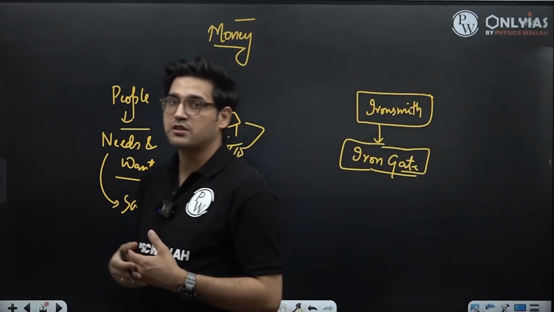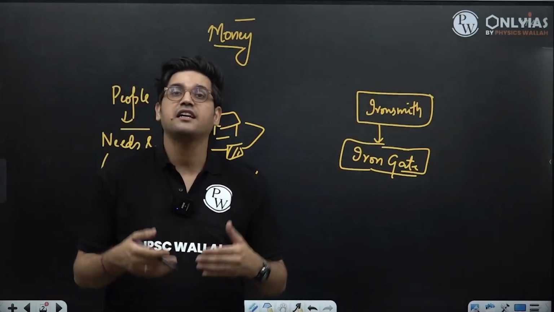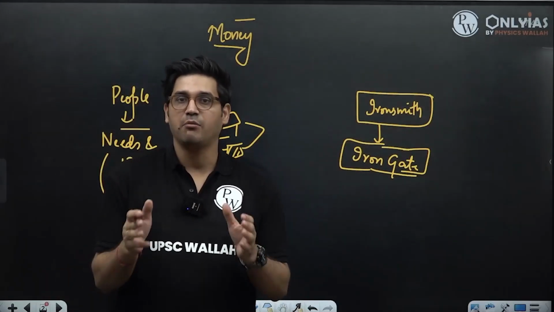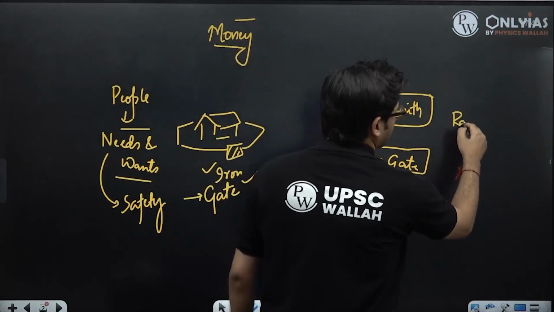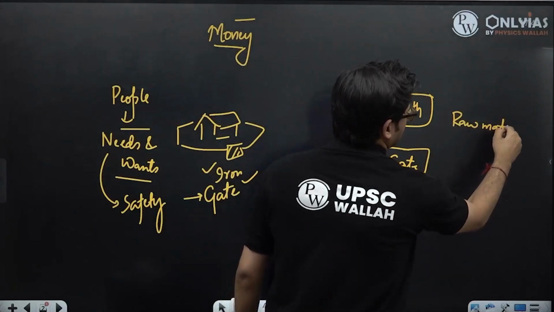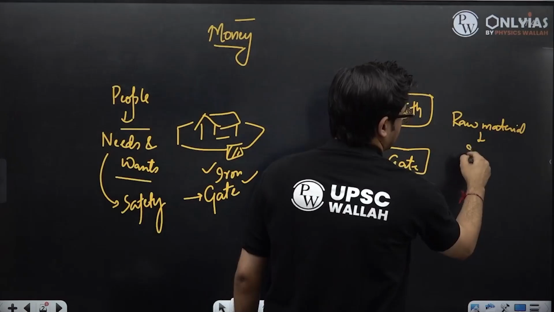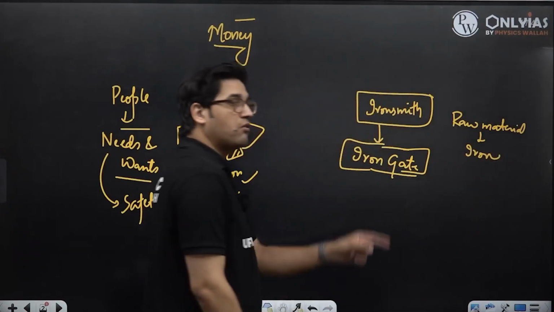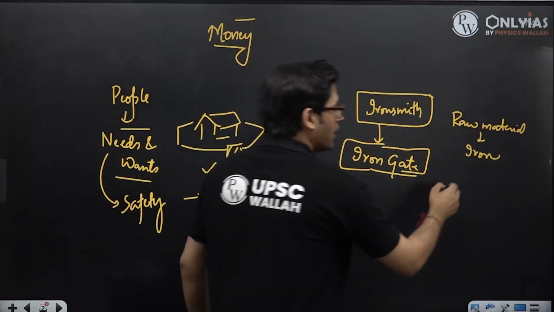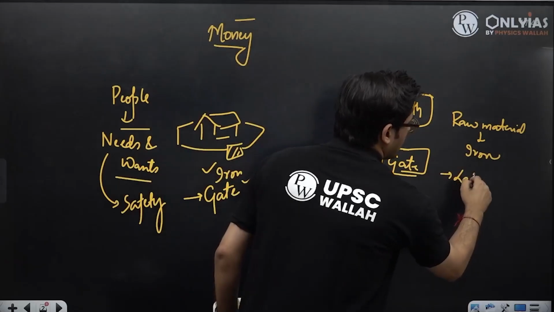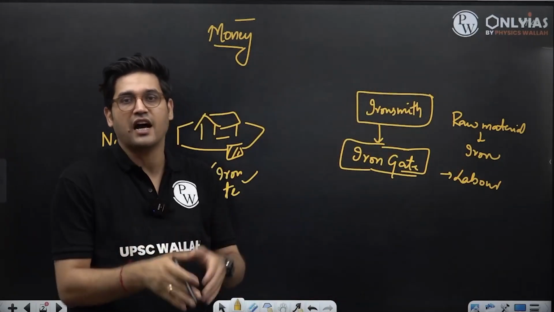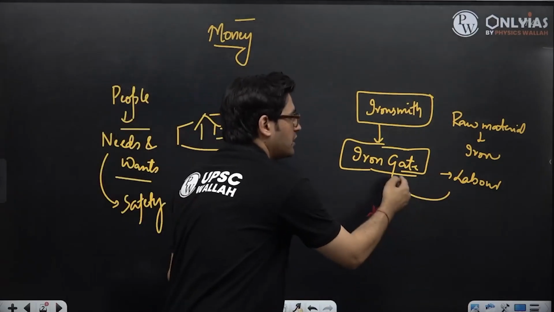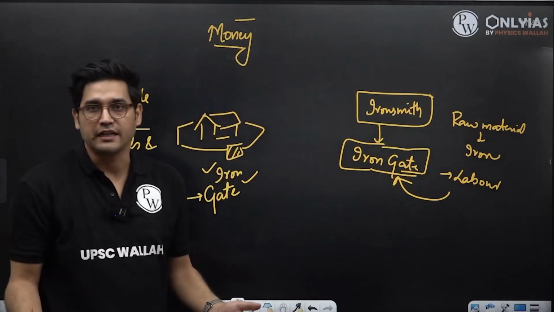What he therefore does is that he sets up a business where he sources his raw material, which is iron. And over this raw material, he applies his energy and his brain and converts this iron into this product, which is called an iron gate.